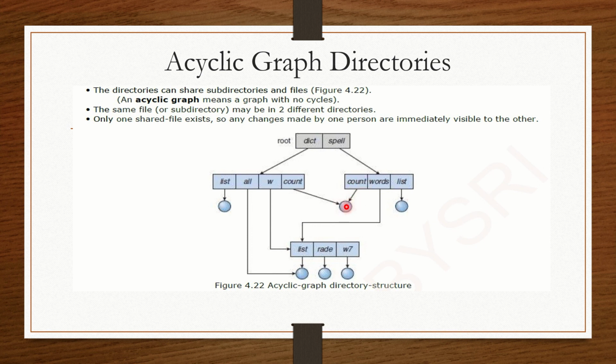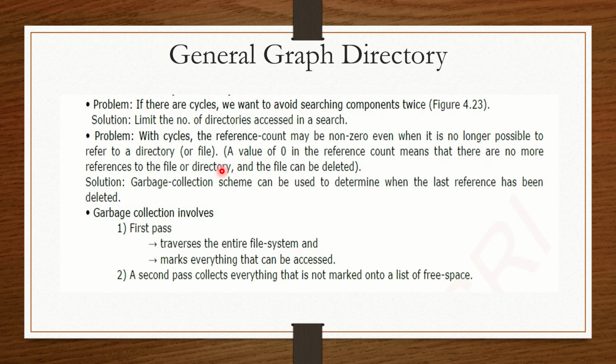Whatever changes happen here will affect both directories. If this person changes something here, it will be seen by the other person also. That is the sharing concept. So sharing happens only in acyclic graph directories.